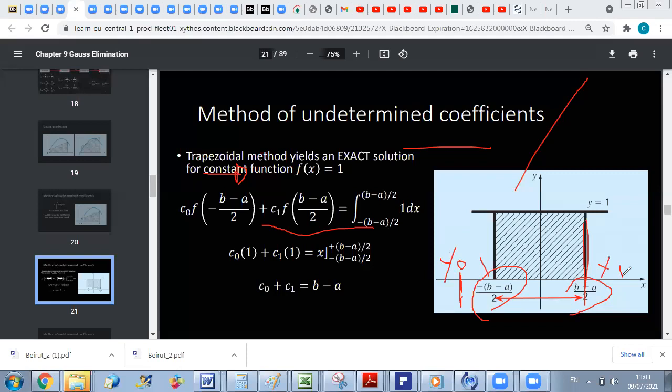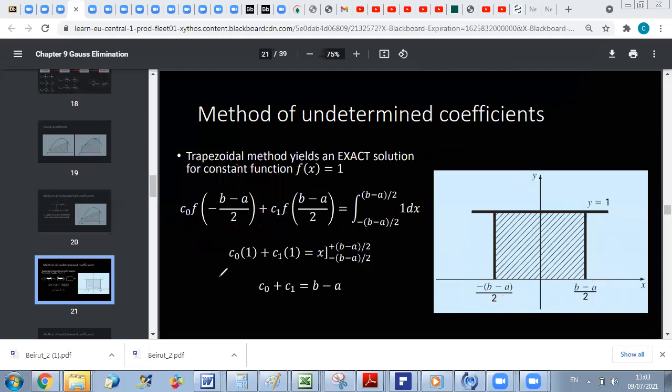Now, the second step is to perform the integration by just replacing the values. Since here f(x) equals 1, whatever x is, you get 1. So f of minus (b minus a) over 2 is 1, and f of (b minus a) over 2 is 1. Your resulting relation is C0 times 1 plus C1 times 1.